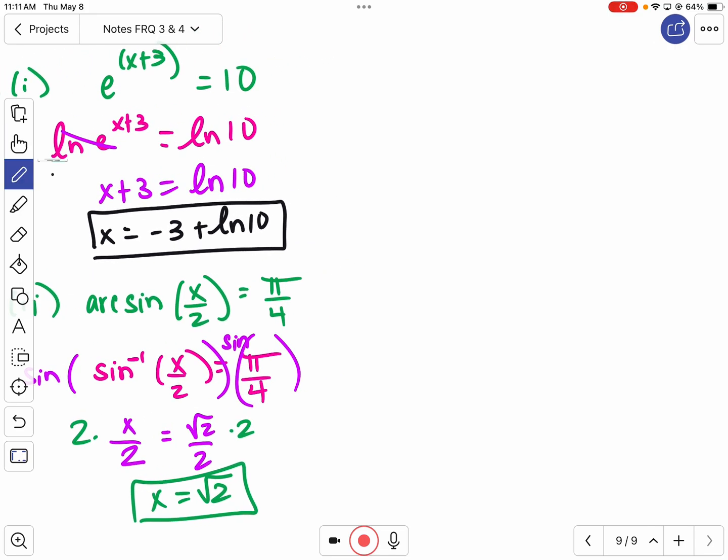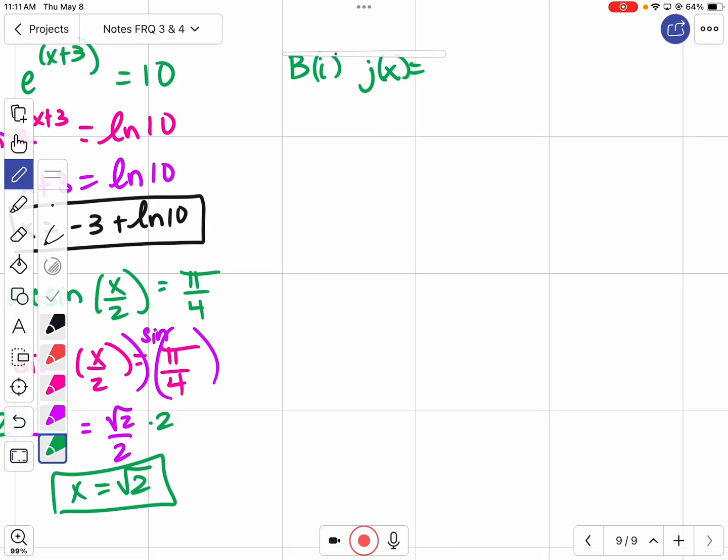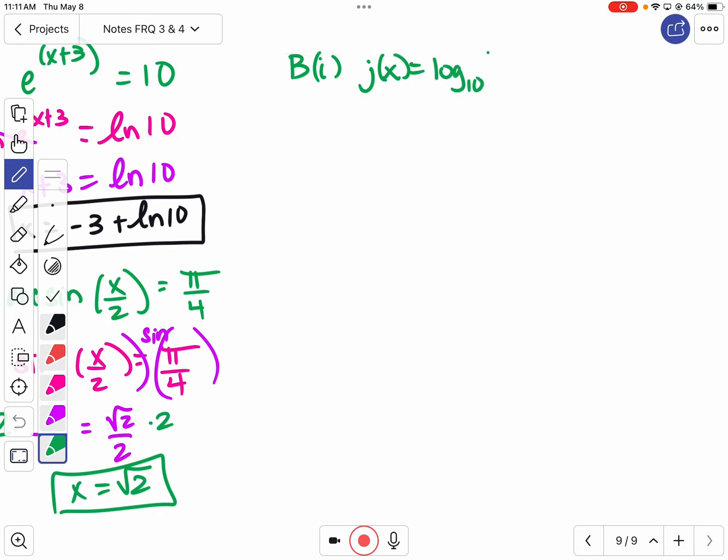So for B, part 1, it wants me to rewrite that function, which was j of x equals log base 10 of 8x to the 5th plus log base 10 of 2x squared minus 9 log base 10 of x.